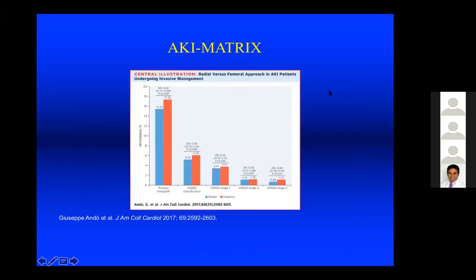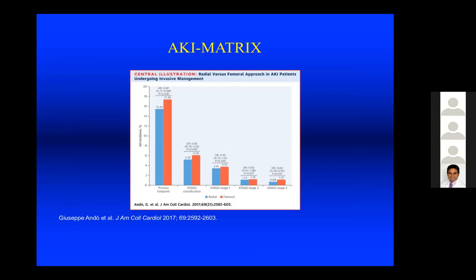Kidney disease, interestingly, for whatever reason, nobody really understands this very well. Kidney injury is less with radial access than femoral access. The MATRIX trial, which I'll go over in my next talk, was randomized femoral versus radial. And one of the observational findings from the MATRIX trial was that there was less kidney injury.